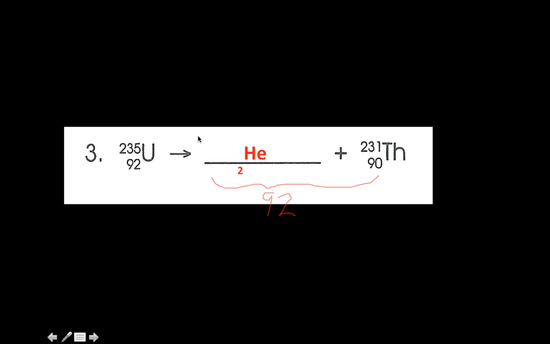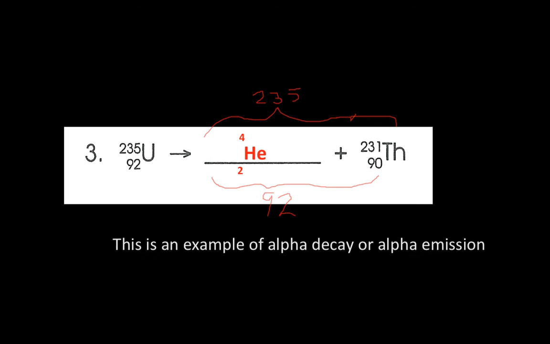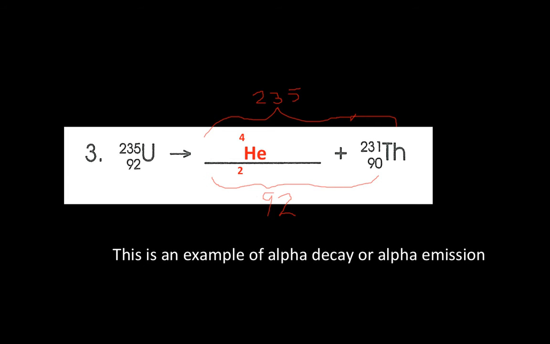This side's 235, so this has to total 235. You may want to do your work on another sheet and rough it out first. 235 minus 231 is 4. That is now balanced. And that's alpha decay or alpha emission, just like the last one. Notice the top number dropped by 4 and the bottom number dropped by 2.